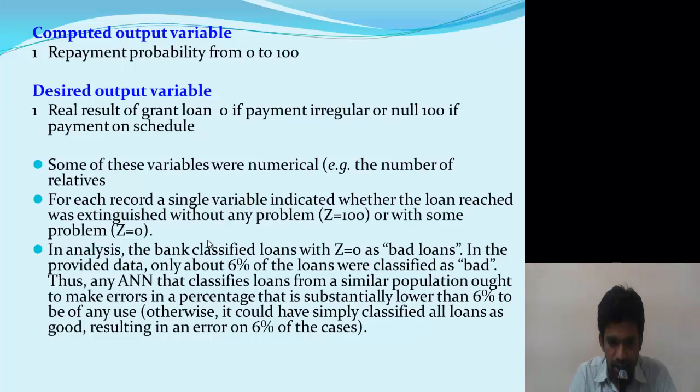Thus, an ANN that classifies loans from a similar population ought to make errors in a percentage that is substantially lower than 6% to be of any use. Otherwise, it could have simply classified all the loans as good, resulting in an error of 6% of the cases.